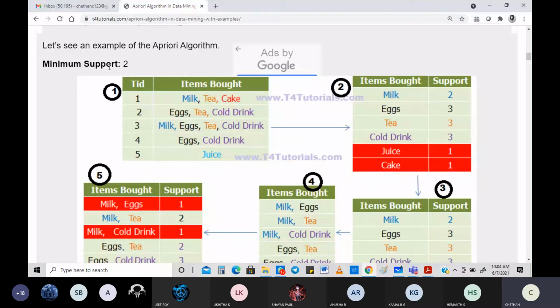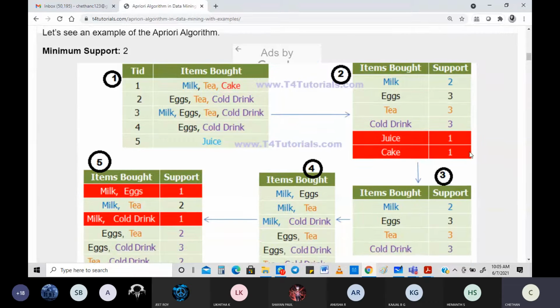They will be pruned off or removed. If you remove those two things, what do you get? You get 2, 3, 3, 3. Only those things will remain.